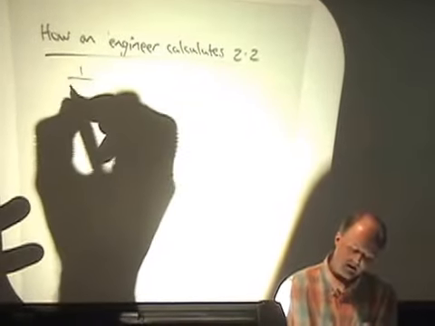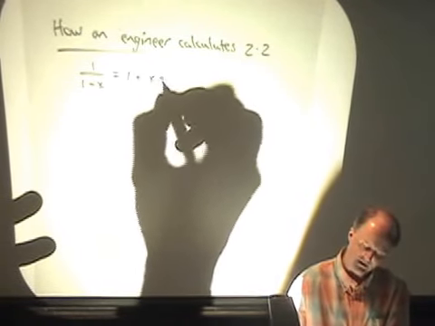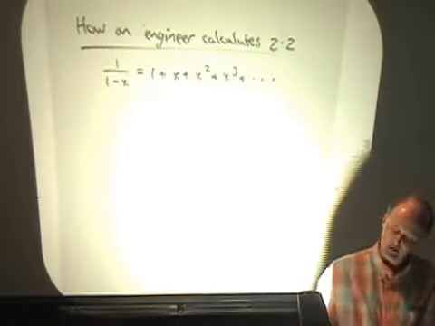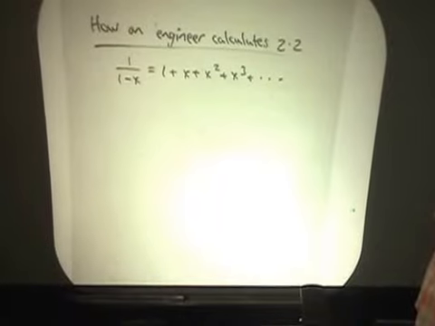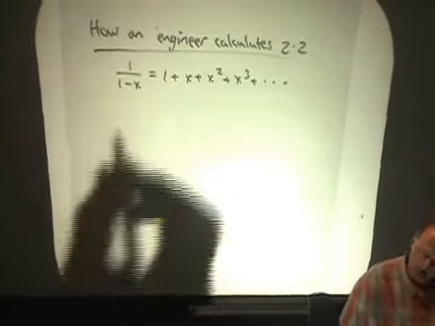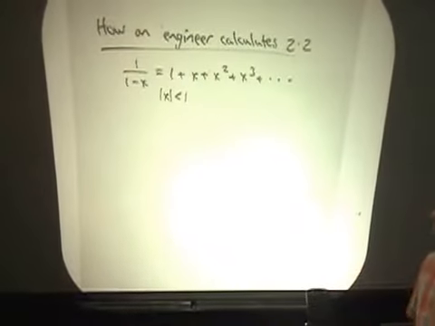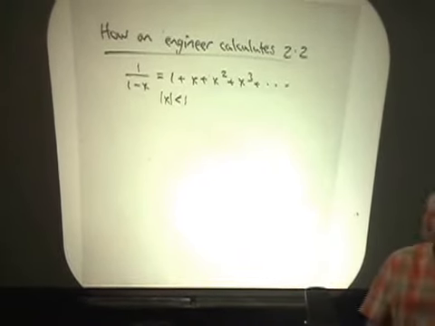Hopefully you recall formulas for geometric series. For example, this is a very famous equation. 1 over 1 minus x equals that particular infinite sum, as long as the absolute value of x is less than 1. Engineers and scientists like using equations like this in the following way.